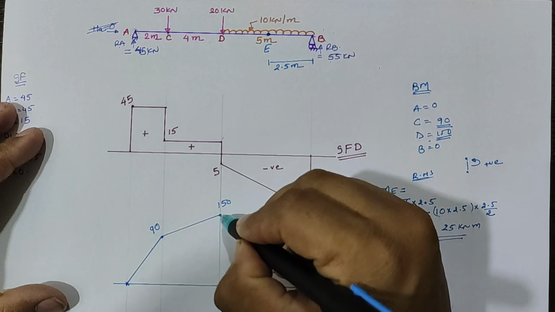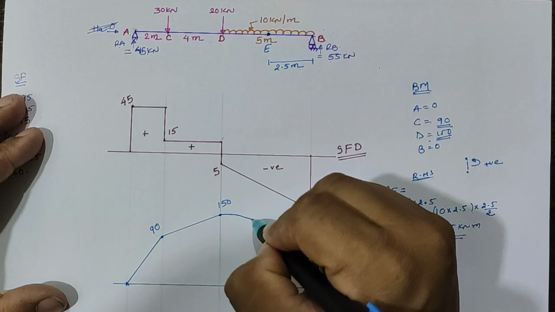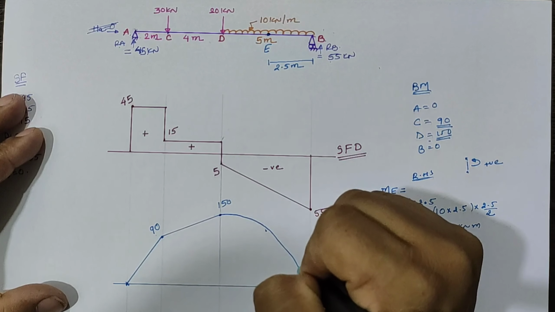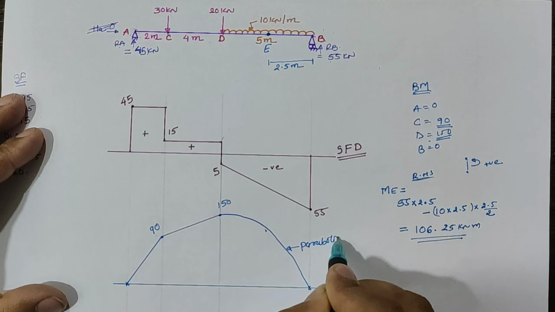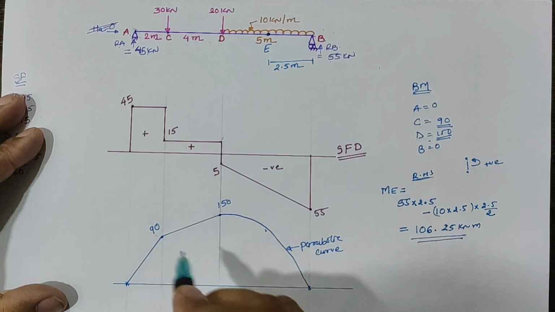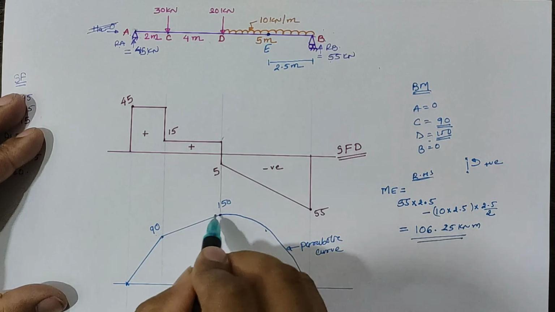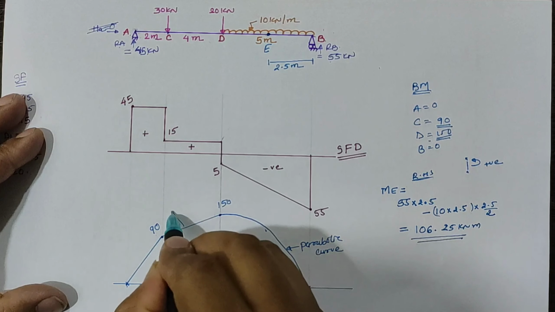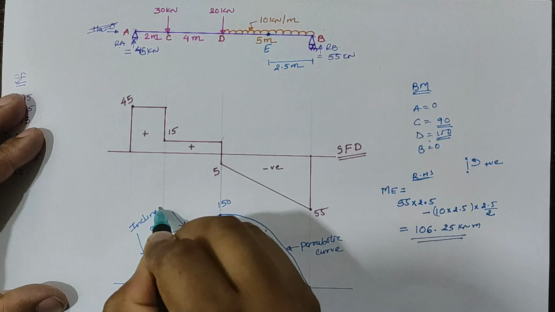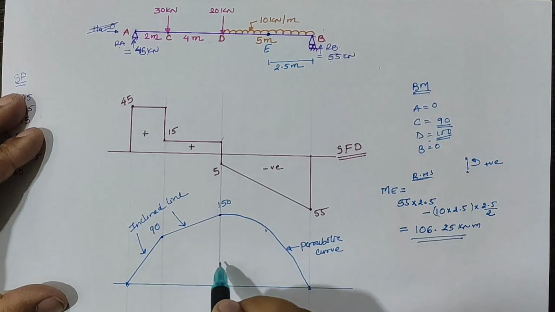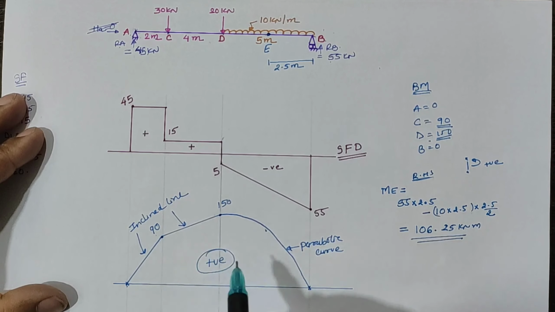It indicates that our diagram is as shown in the figure, where from D to B the diagram is a parabolic curve, and from C to D as well as A to C the diagram is an inclined line, where the diagram is positive.